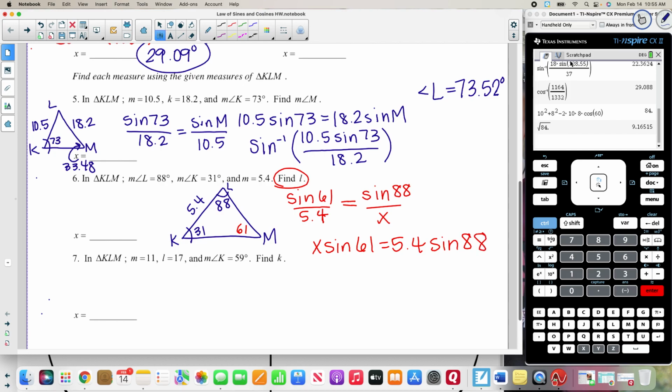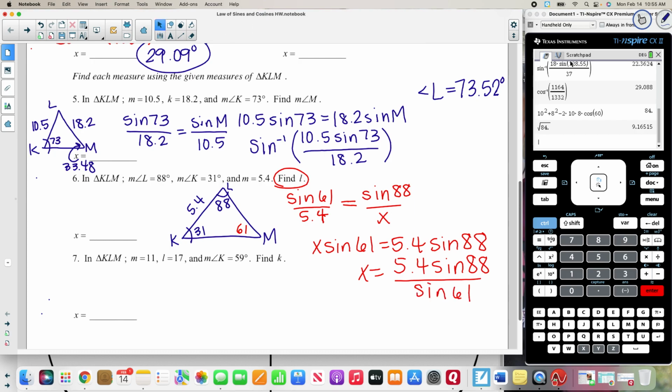Now what do we need to do? Divide by sine 61. So in the calculator, 5.4 sine 88 over sine 61. We're looking for a side length, so there's no inverses in there. And what did you get? 6.17.